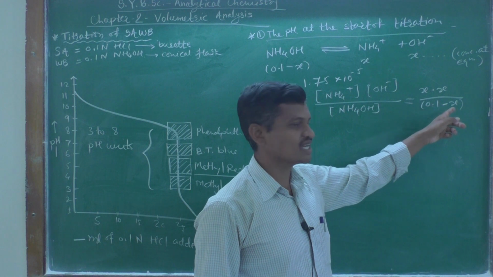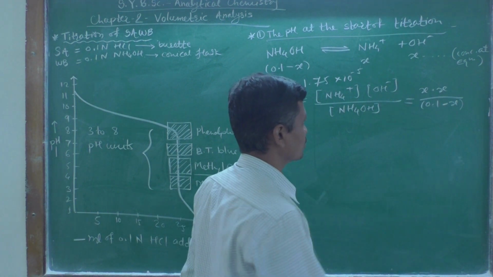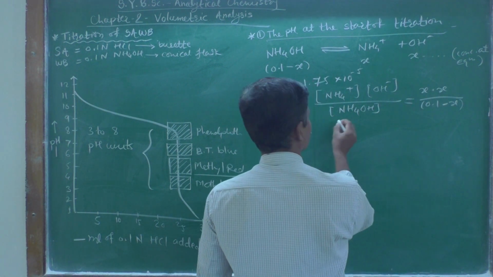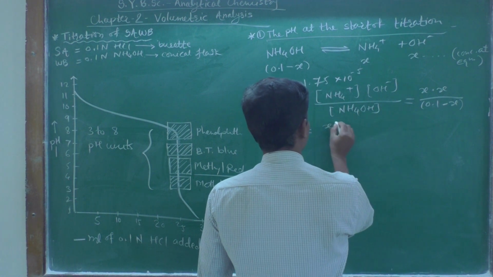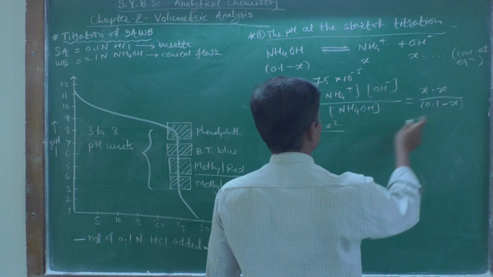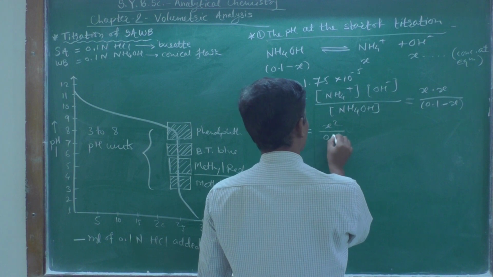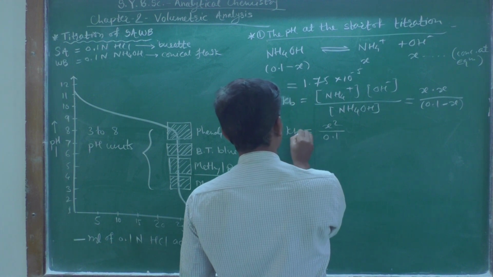So 0.1 minus X is approximately equal to 0.1, and hence Kb is equal to X square divided by 0.1.